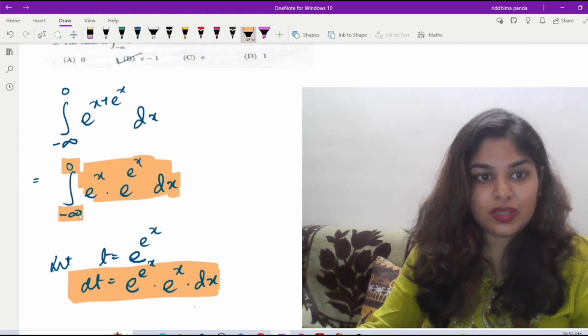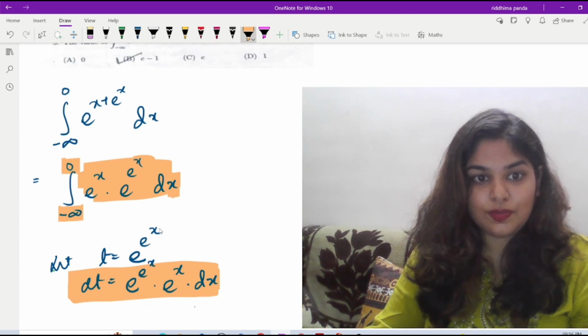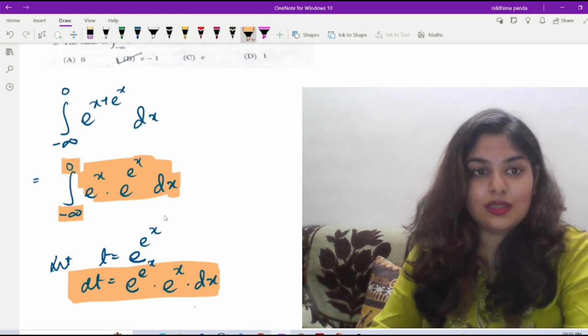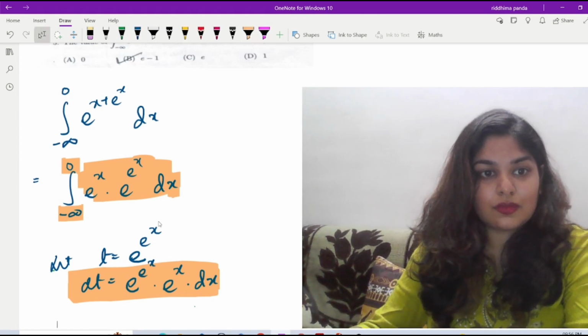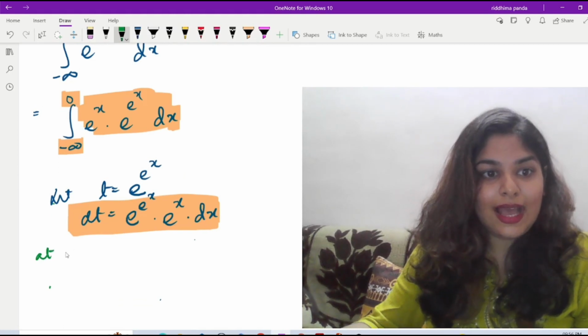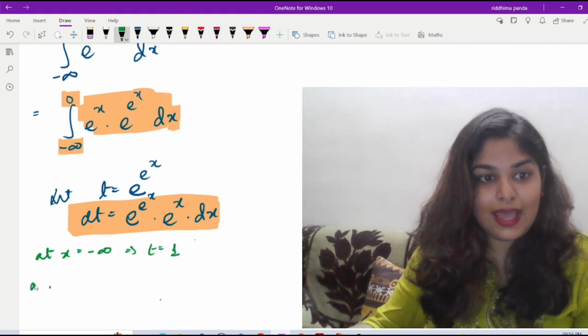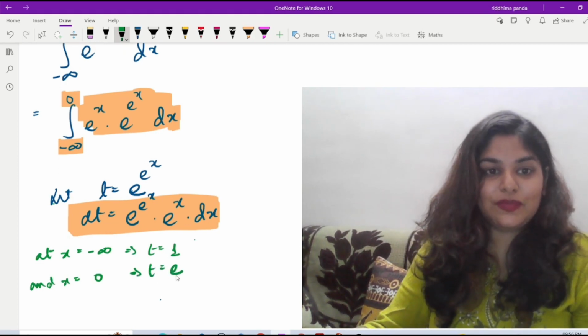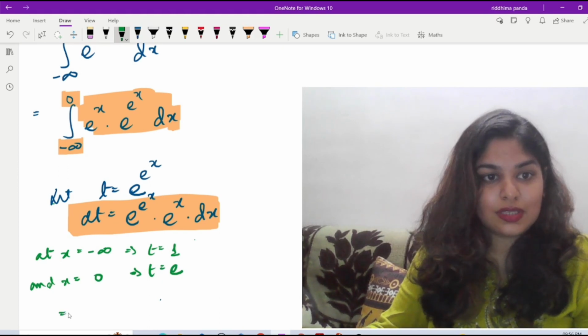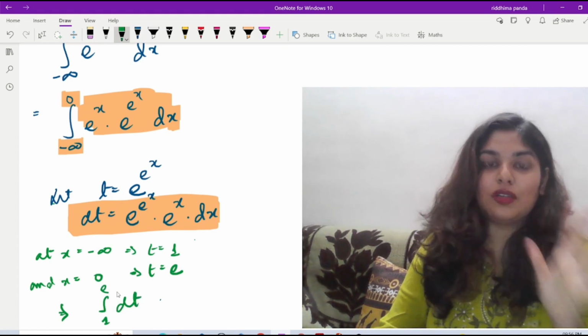When x is equal to minus infinity, the value of t will be 1, and when the value of x is 0, t is equal to e. So at x is equal to minus infinity, t is equal to 1, and at x is equal to 0, t is equal to e. So this is the new interval. So now my integration looks like 1 to e dt.